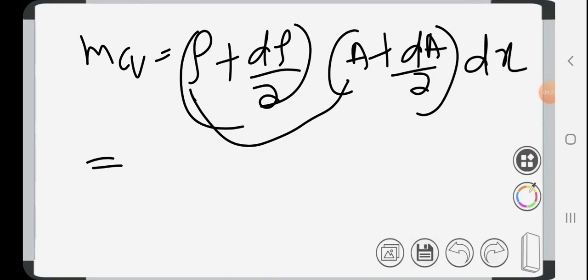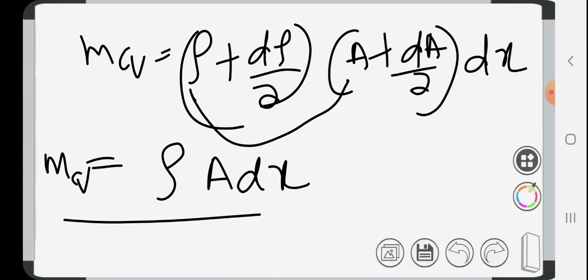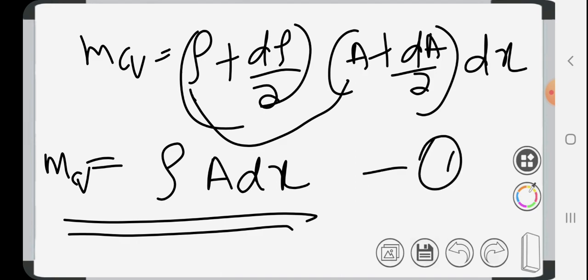By neglecting all the higher differential terms, if a product of two differential terms comes together, you can neglect those. So finally you will get rho A dx. Okay, mcv will be rho A dx. So keep it there. Let it be equation number 1.